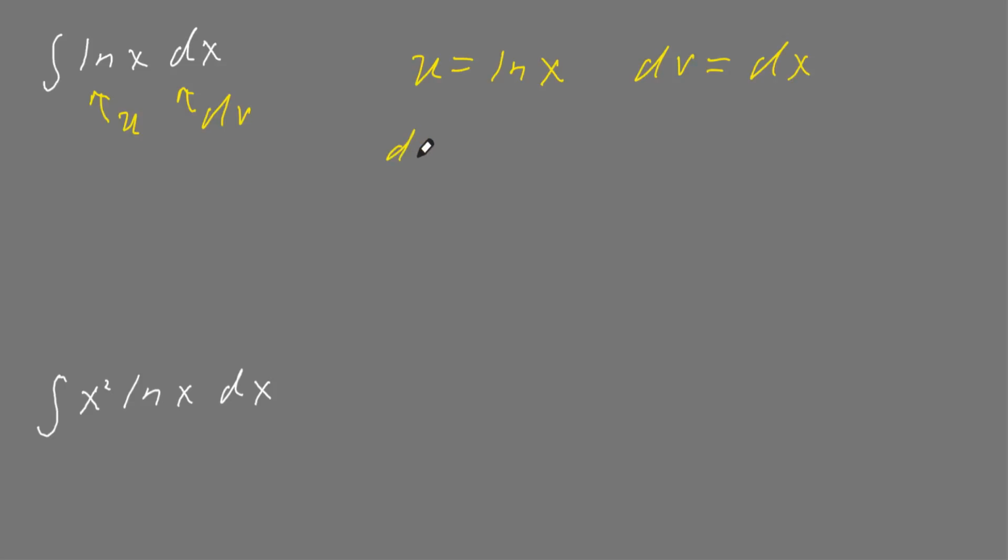So du is the derivative of ln of x, which is just 1 over x, times dx. And dv is just the integral of dx. So v is equal to the integral of dx. So v is just equal to x. So you need this times this minus the integral of this times this.